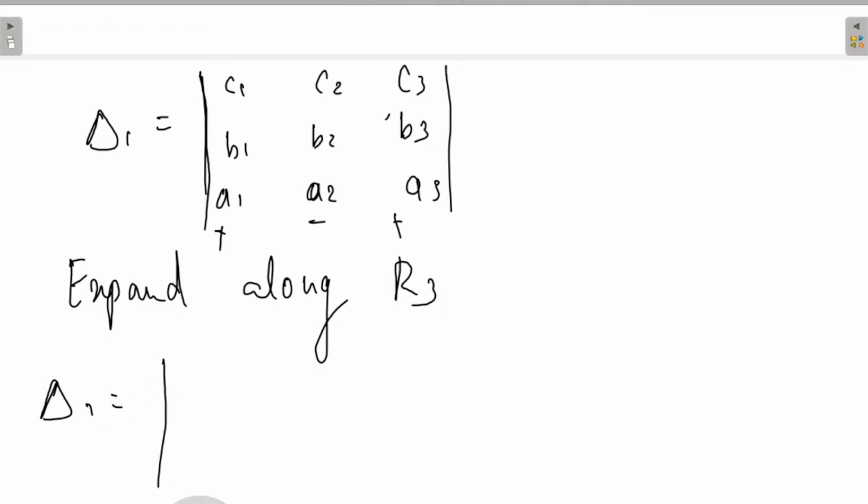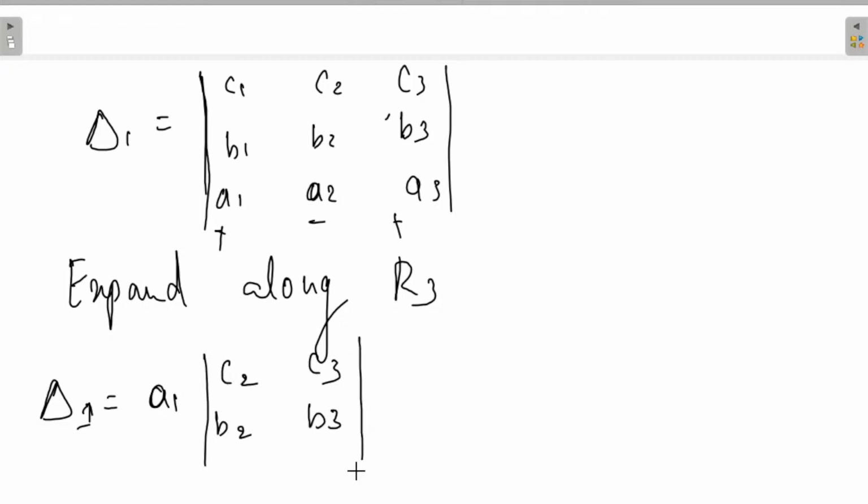See here, delta 1. Let me go from the beginning again. For A1, what do I delete? R3 and C1 are deleted. What is left is C2, C3, B2 and B3. Next, minus A2: here we delete R3 and C2, so what remains is C1, C3, B1, B3.